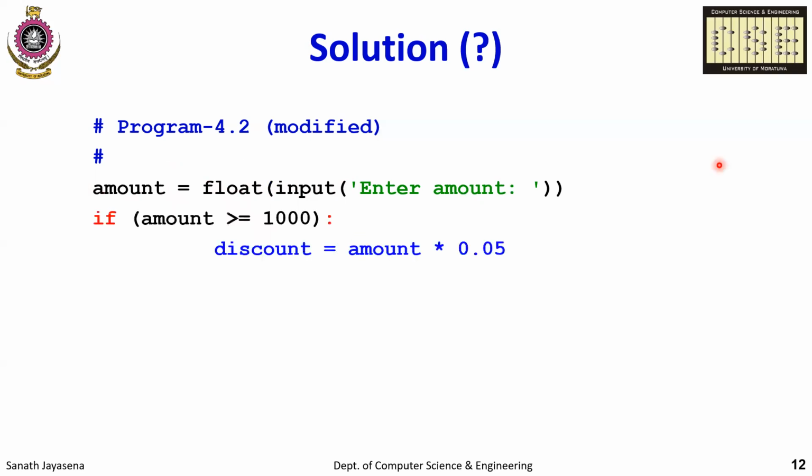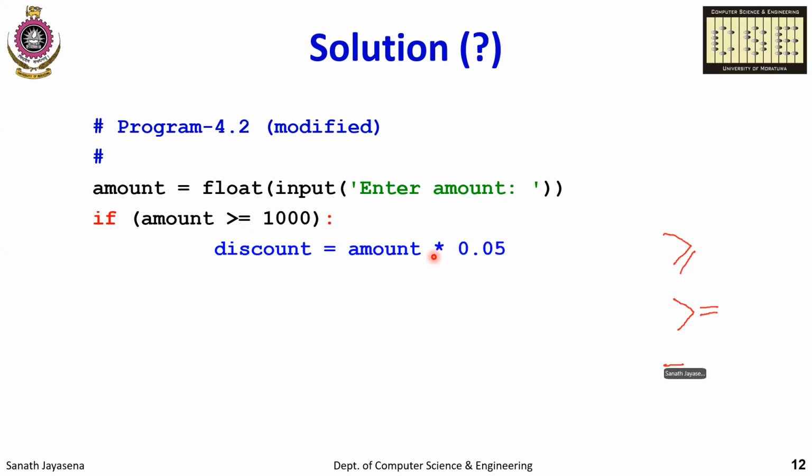If you go to the next line, it says if amount greater than or equal to, right? Because we don't have this symbol on the keyboard, greater than or equal to is written like this: the greater than symbol followed by the equal symbol.